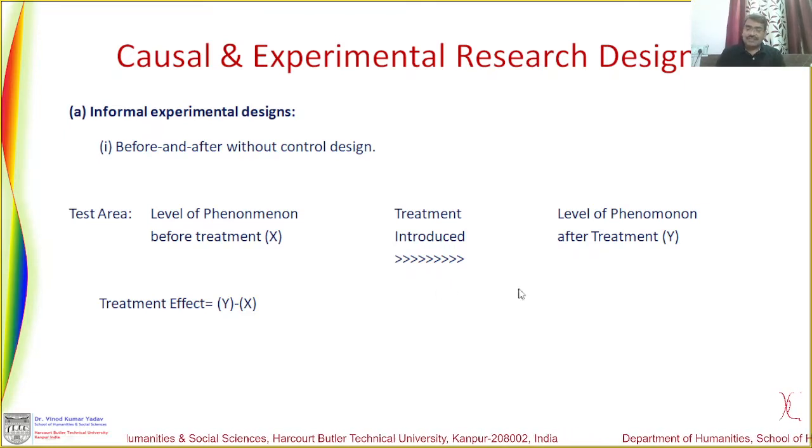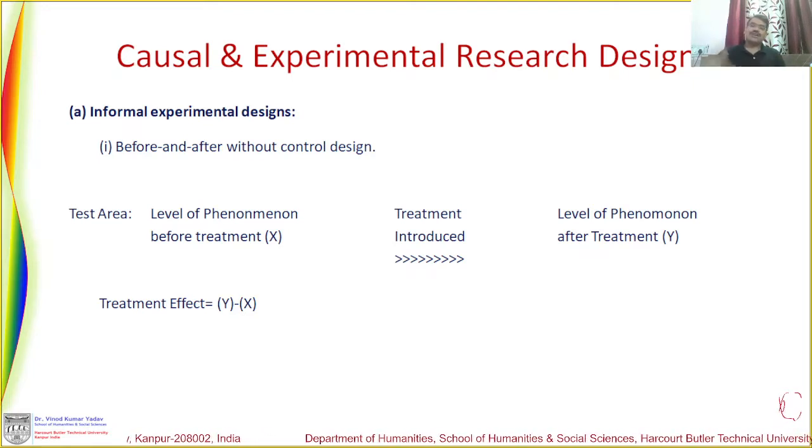Sometimes it may be that you apply some chemical treatment and the level of the phenomenon after treatment reduces to 2 kg maybe. So this may be your result which can reject your hypothesis. You say that after applying chemical you will increase your productivity, but it reduces.